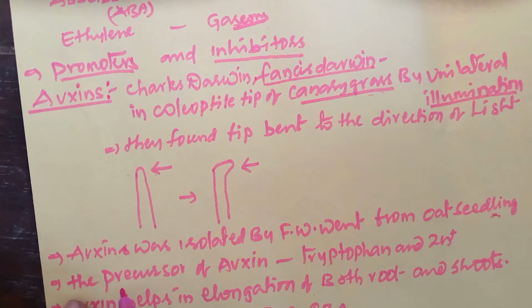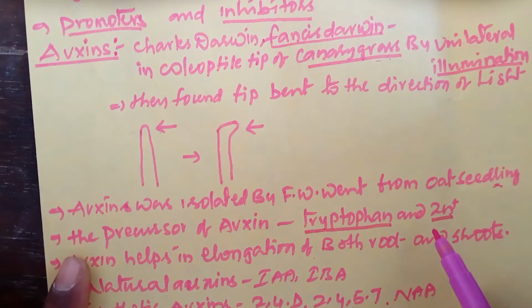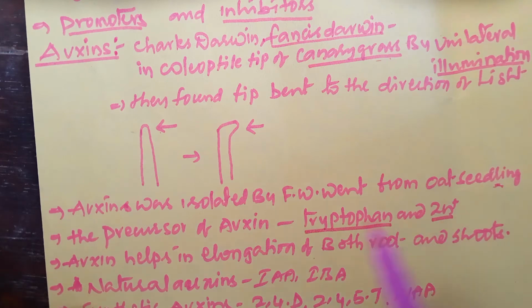Now, the precursors of auxin are tryptophan and zinc ions. These 2 are very important to release auxins in the plant body.